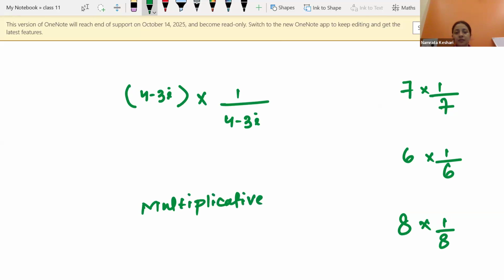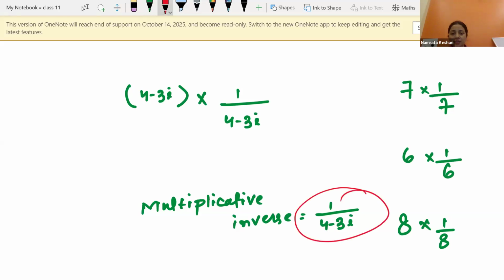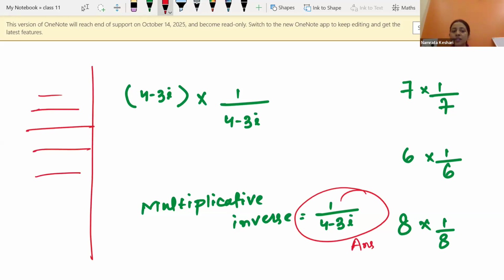Yes, ma'am. Okay, now this way we are not supposed to leave the answer. In the complex number chapter, the initial few questions were just to teach you how to write the given complex number in the standard form, that is a plus bi. That was just to make you understand that anytime, anywhere, we are not supposed to leave this type of format as an answer. This is not allowed. The way, when you are solving a fraction-based question, and your answer is 24 by 48, you will not leave your answer like that.